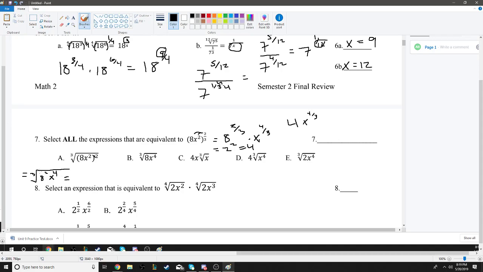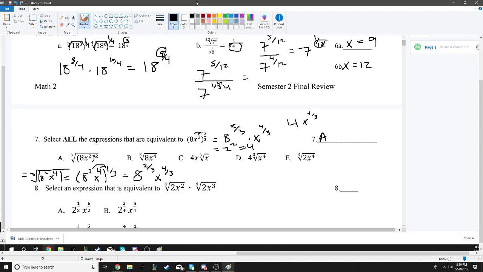So again, we can encompass this all in parentheses and change that root. So this is now 8 to the 2nd times x to the 4th, all to the 1/3. And we're going to distribute this 1/3 to make this 8 to the 2/3 times x to the 4/3. So therefore, A is equivalent.